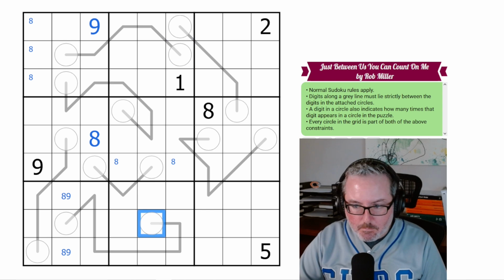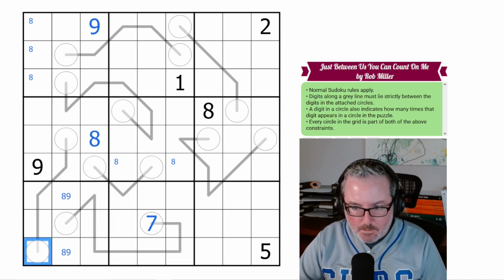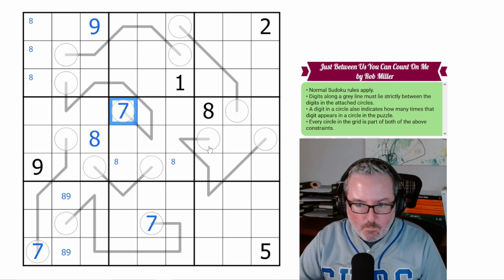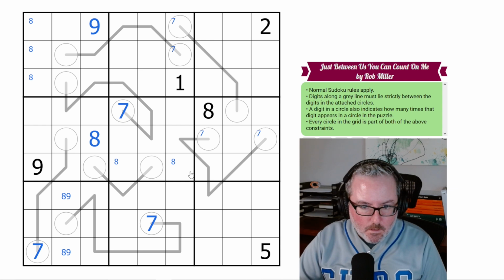Now, we just said if we have to have 7s in circles, there's certain places where the 7 must go. So this must be a 7, because if we didn't include this region, we wouldn't have enough places. This must be a 7. This must be a 7. One of these is a 7. One of these is a 7. And this can't be a 7 because it already has a 7 on it.